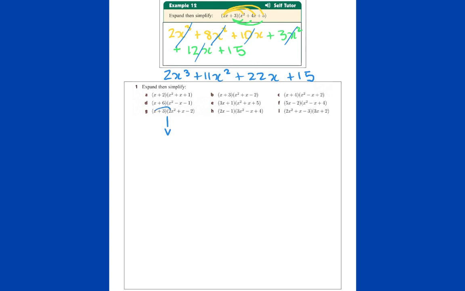So everything gets multiplied by x. And everything gets multiplied by 3. And then it all gets simplified.